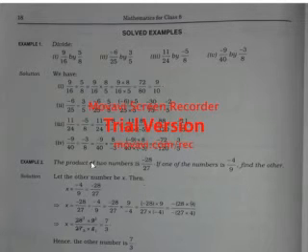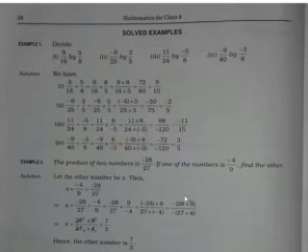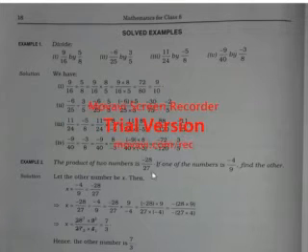So you can make it in another method also. In place of product you write minus 28 by 27 divided by minus 4 by 9, and then you change it into multiply. It will become other number is equal to minus 28 by 27 into 9 by 4, and you will solve and get the same number.